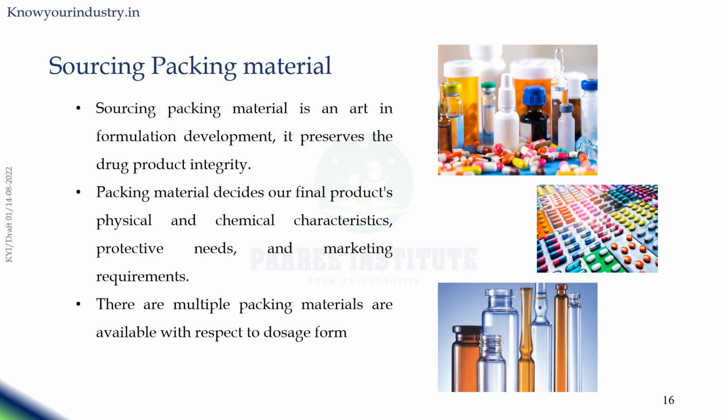Injectables need vials, glass vials, plastic syringes, glass pre-filled syringes and ampoules. For dermatological products, creams require tubes and applicators. There are many other packaging materials available based on the dosage form.